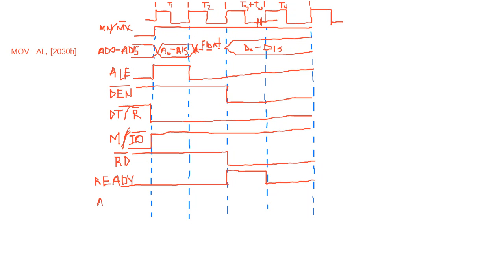The address bus here was until A15, so what about the upper lines?